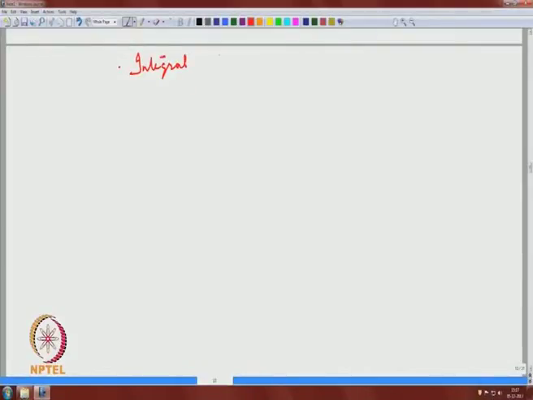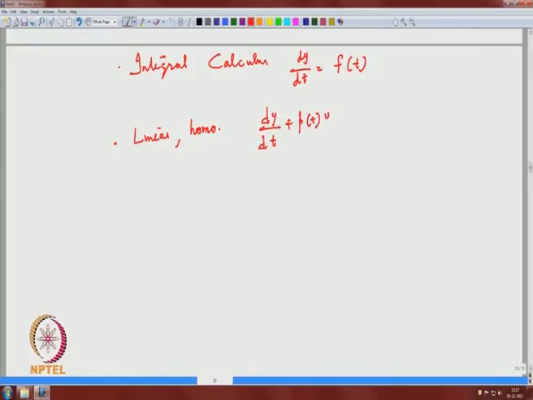But to conclude this lecture, let me conclude. First we have solved the integral calculus problem, nothing but dy by dt equal to f of t, and second step, the linear homogeneous equation, that is dy by dt plus pt y is equal to 0.